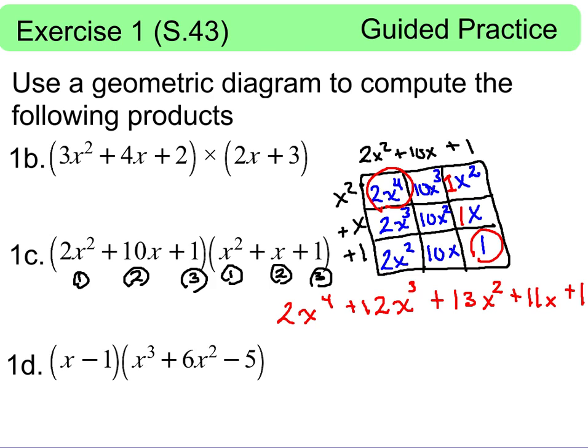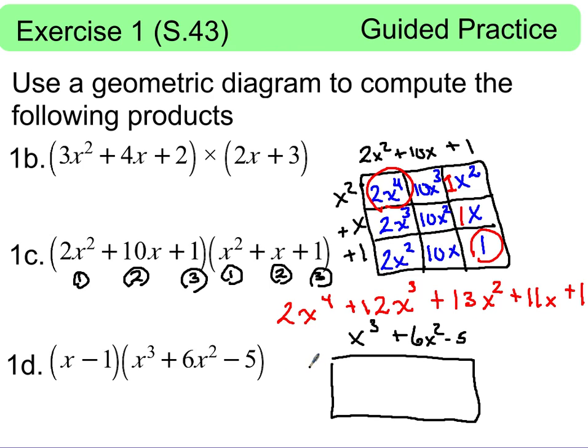So again, I encourage you to try 1D on your own. See if you can work it out and make it the answer that you desire. I'll get you started by reminding you that if we have our x to the 3rd, our plus 6x squared, and minus 5, and then our x minus our 1, we will divide it up as such.